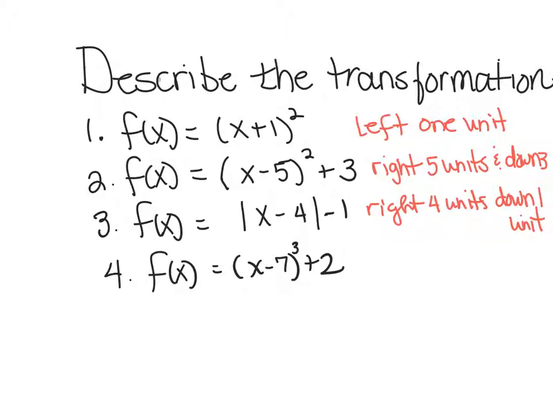The next one is a cubic function because we see that 3rd degree, and it is also going to go right. This is going to go right 7 units and down 2. So we want to practice describing the transformations and practice what type of graphs they are.